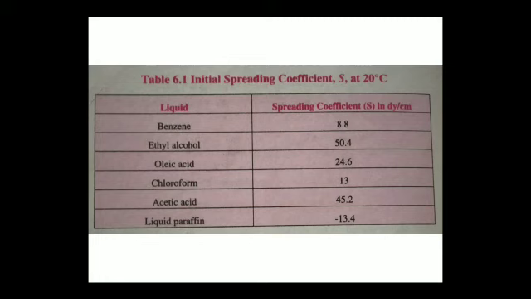Acetic acid has a spreading coefficient of 45.2. Liquid paraffin has a negative spreading coefficient value of minus 13.4 due to the presence of a non-polar long chain length, so it has a lower spreading coefficient.